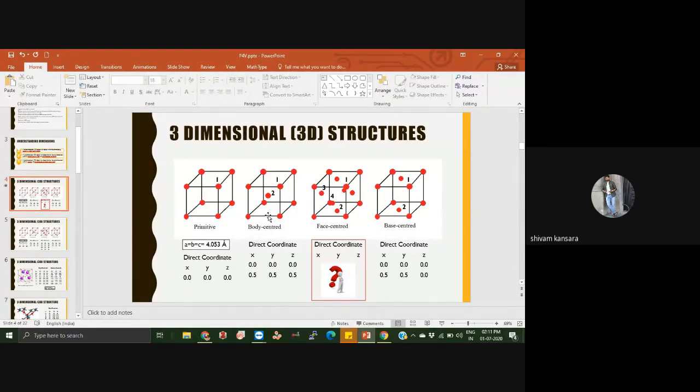The center one is the same as 0 0 0, but this is the body center. That means in a cubic classroom, a single student sits in the center of the classroom. So it is like that: one single atom in the body center, at 0.5 0.5 0.5.